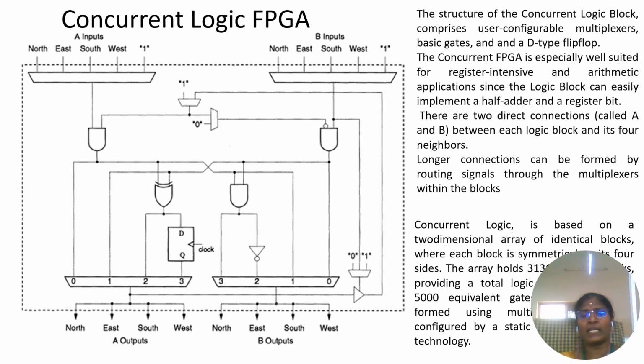There are two direct connections between each logic block and its 4 neighbors. Longer connections can be formed by routing signals through the multiplexers within the blocks. It is based on a two-dimensional array of identical blocks, where each block is symmetrical on its 4 sides.